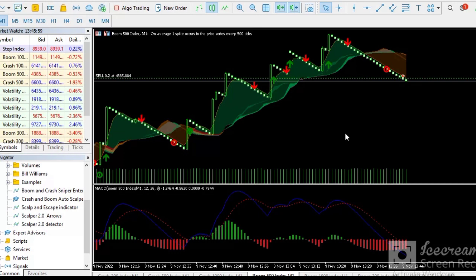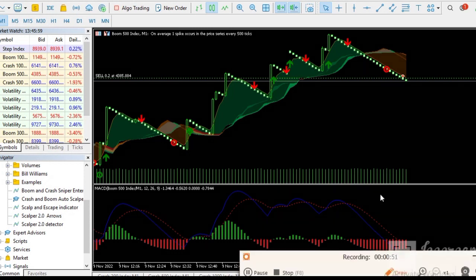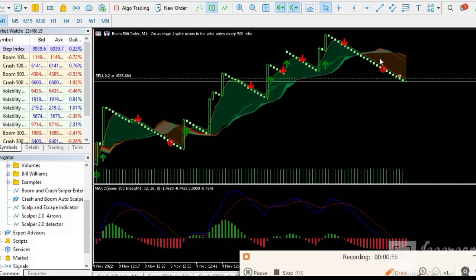So guys, this is a live trade using the crazy new Boom and Crash indicator that I have brought to you in the last few days. This is to show you the efficacy and the effectiveness of this. Now, why did I take that entry in that place? Look at that particular place.